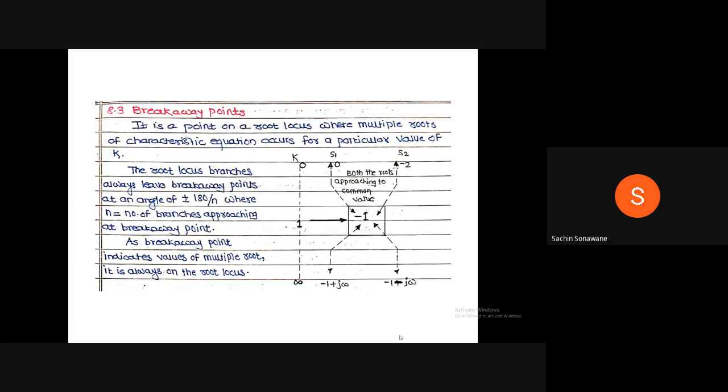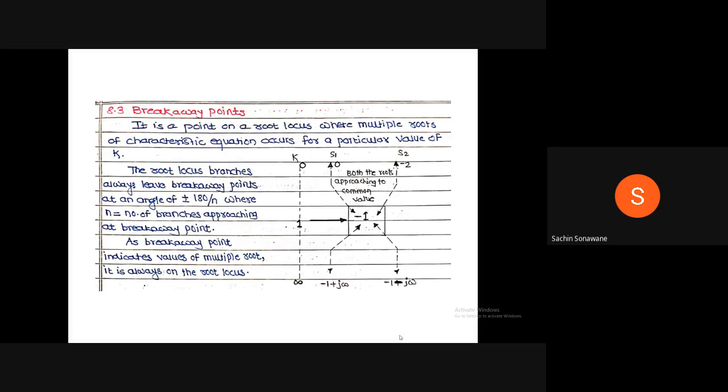First of all, one small leaf is coming from the main trunk, or one branch is there, major branch. Small leaf is coming and then afterwards it grows and it becomes branch. Therefore, branch means the point where the root locus leaves or starts or comes out from the real axis or x axis.